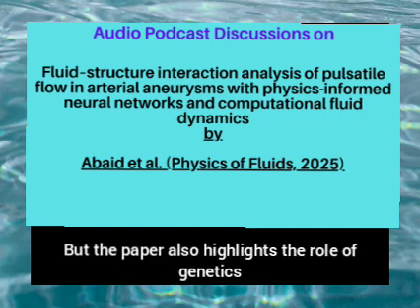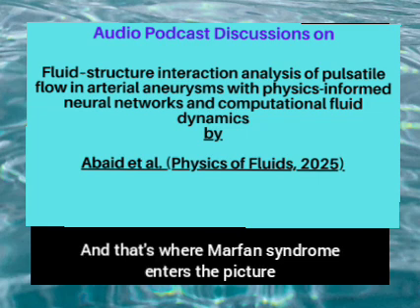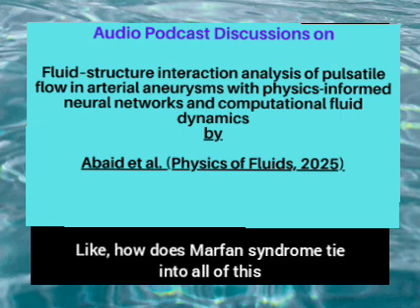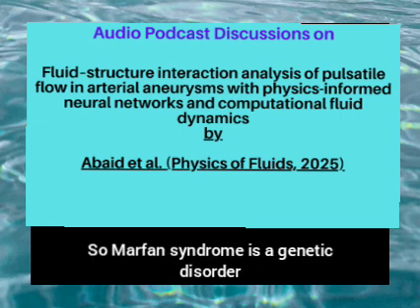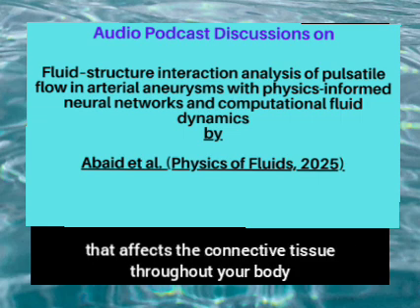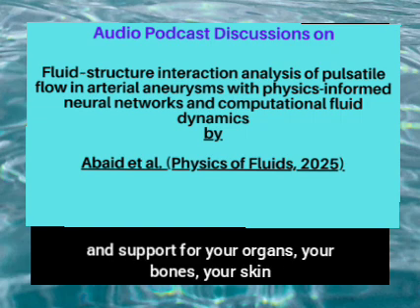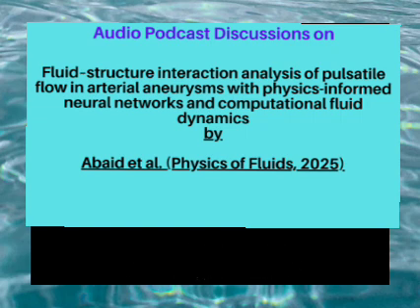Right. But the paper also highlights the role of genetics, and that's where Marfan syndrome enters the picture. Okay, so that's kind of the link we need to explore here. Like, how does Marfan syndrome tie into all of this? So Marfan syndrome is a genetic disorder that affects the connective tissue throughout your body. Connective tissue now, that's... It's basically the stuff that holds everything together. It provides structure and support for your organs, your bones, your skin, even your blood vessels.